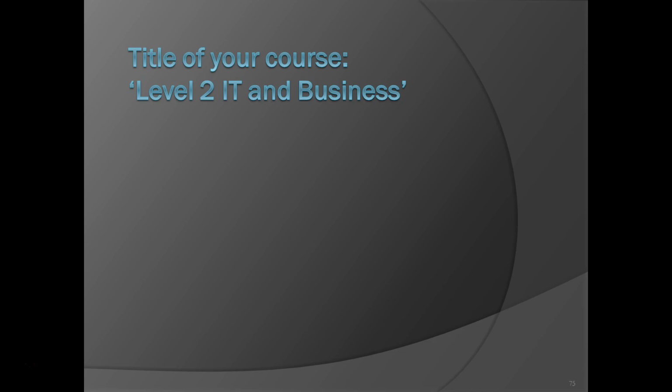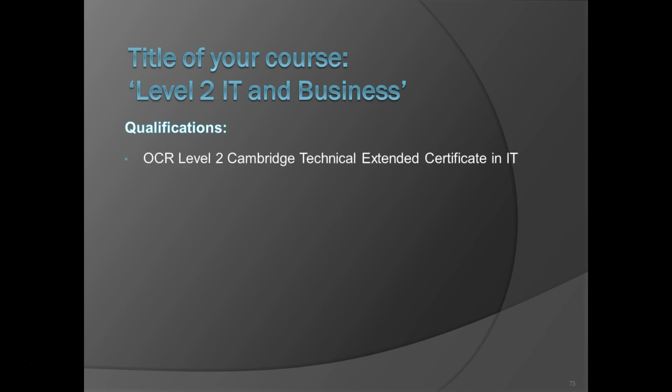The names of the qualifications you'll get, though, which is the next box down on page 1, are a little bit more complicated, mostly because, of course, the Level 2 IT and Business is equally one half IT, one half business, so you are getting 2 qualifications as you work through this year. And the name of the IT qualification is that there, the OCR Level 2 Cambridge Technical Extended Certificate in IT.